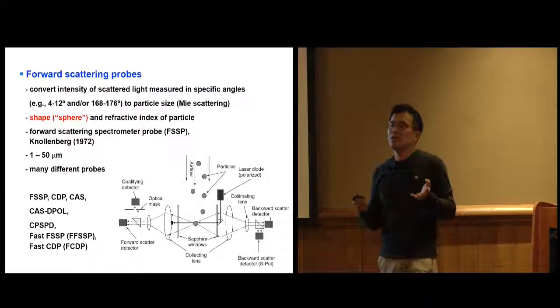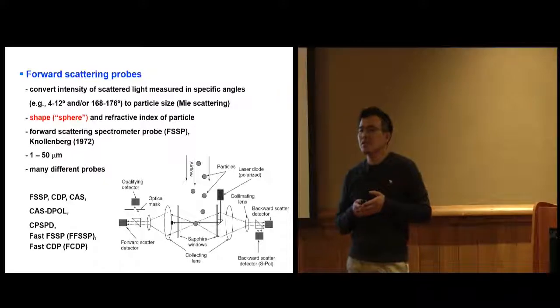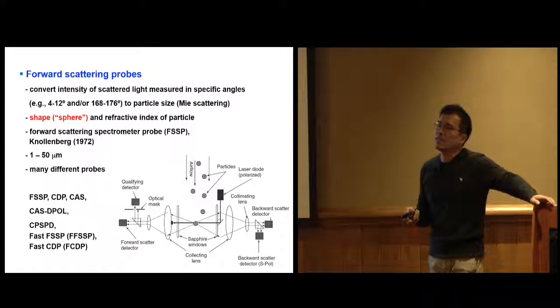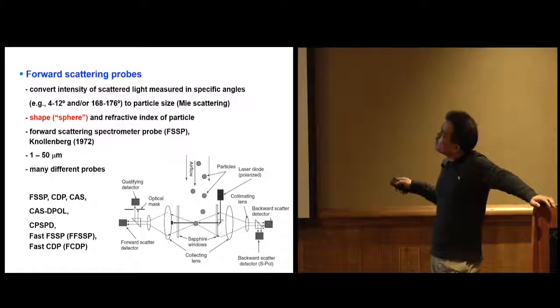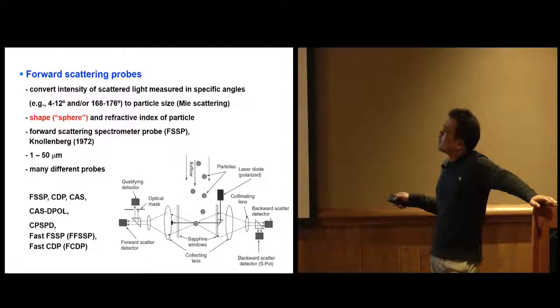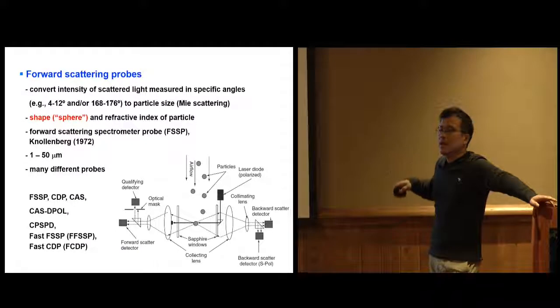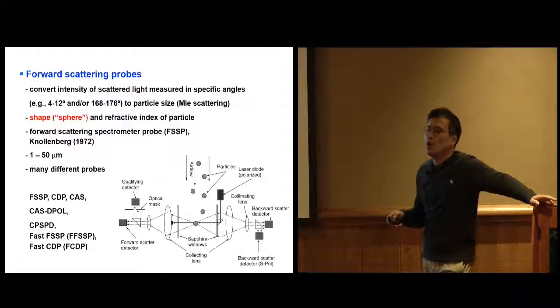And we convert this intensity of scattered light to cloud particle size using some assumptions of spherical shape and known refractive index of particles. And there are several different types of forward scattering probes. However, their working principles are almost the same.